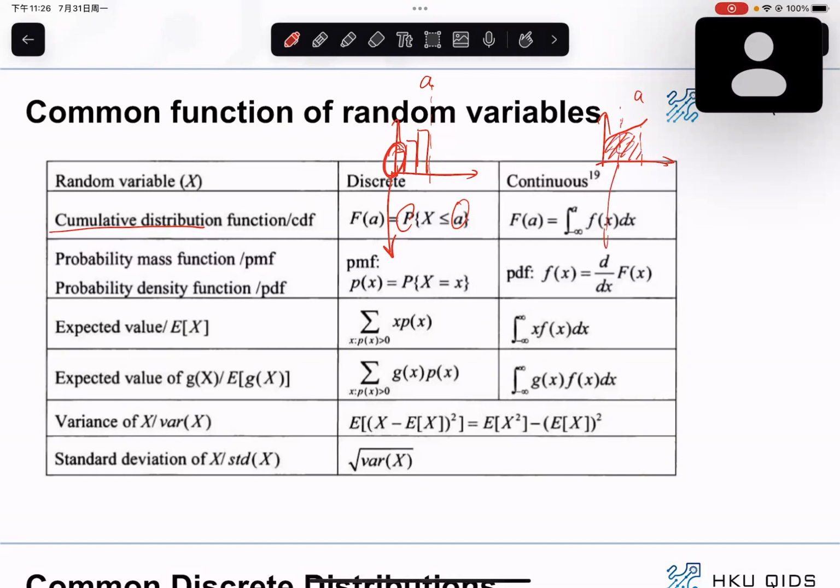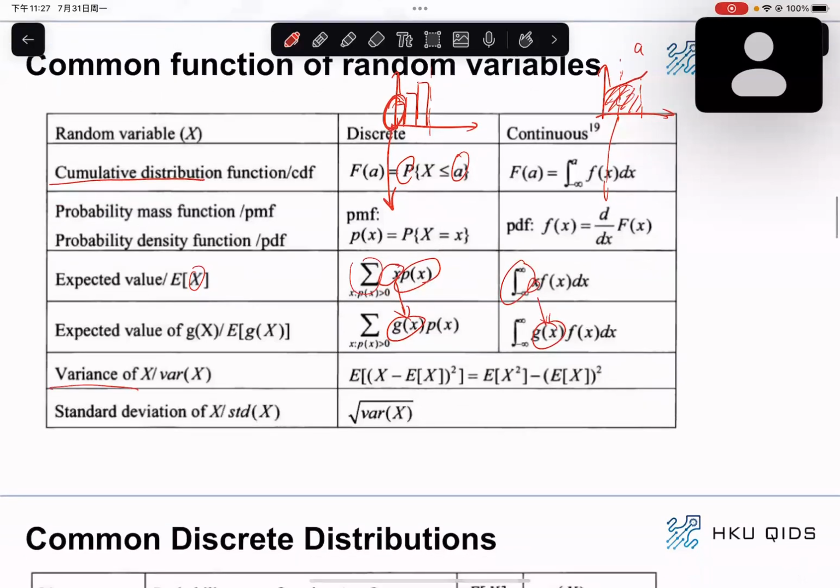And then we are going to have the expected value. Basically, we multiply this probability with x itself and sum them together or take the integration. And since we can take the expected value of x itself, we can also take the expected value of any function which is constructed based on x. We just replace this x with g(x) here.